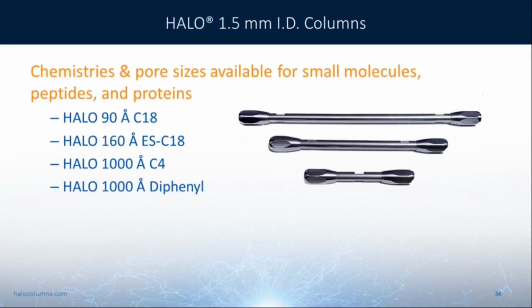The Halo 1.5 millimeter ID columns are available in chemistries and pore sizes for small molecules, peptides, and proteins. So in this particular presentation, I focused mainly on the peptides and proteins, and those would be the Halo 160 angstrom ESC18 and the Halo 1000 angstrom C4 and Halo 1000 angstrom diphenyl.